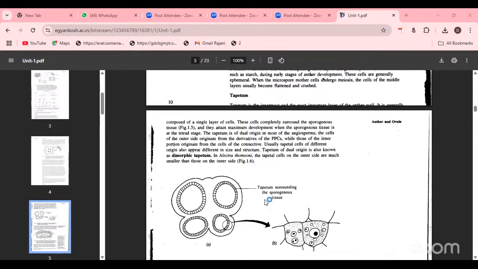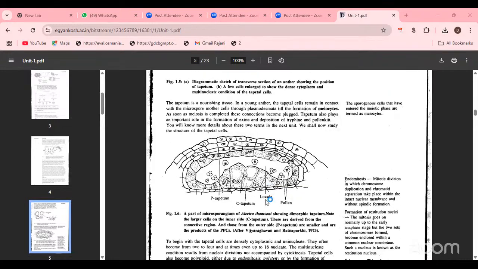Next, the tapetum is the nursing tissue. The tapetal cells remain in contact with the microspore mother cell, called the MMC.